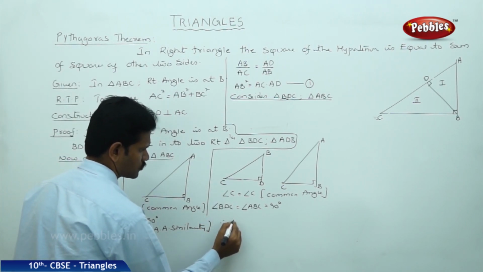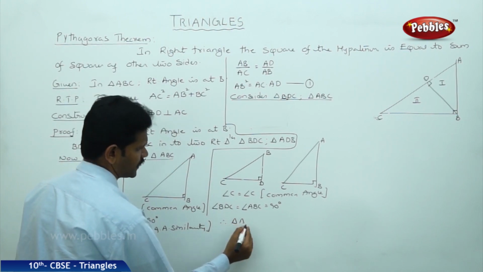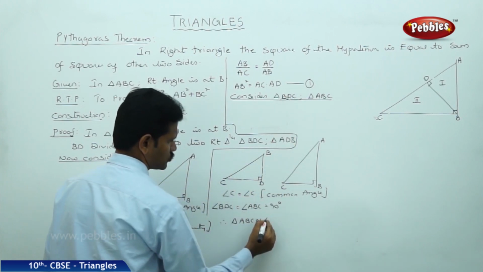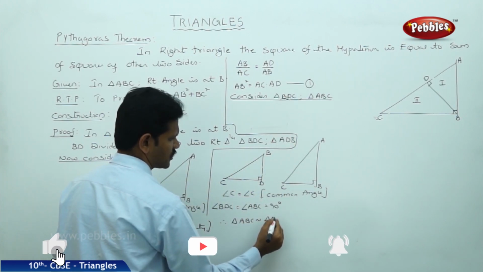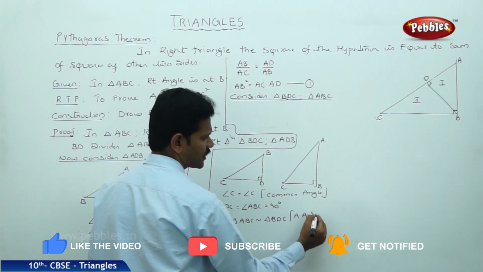Therefore triangle ABC is similar to triangle BDC by angle similarity.